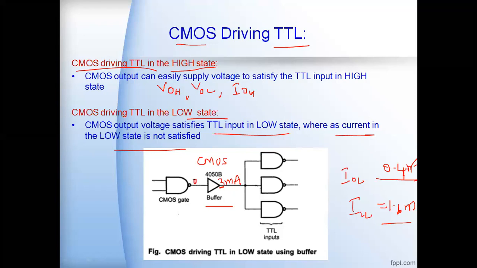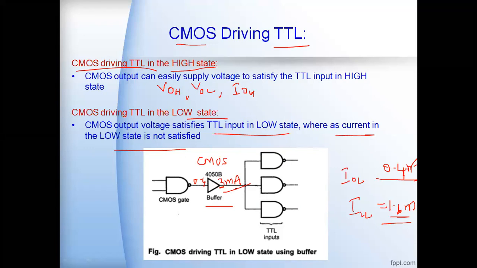So input is 0.4, and this 4050B CMOS buffer has an output current of 3 milliamperes. What is the required current? 1.6. So now the output of the buffer is 3 milliampere current, so the TTL input gates can be easily handled by this 3 milliampere of current.